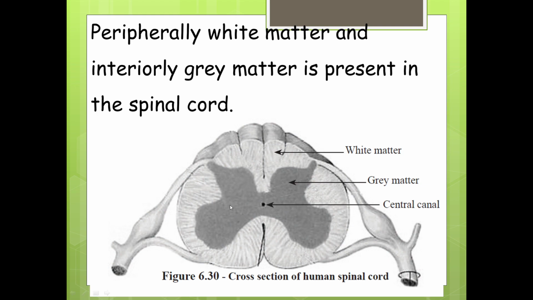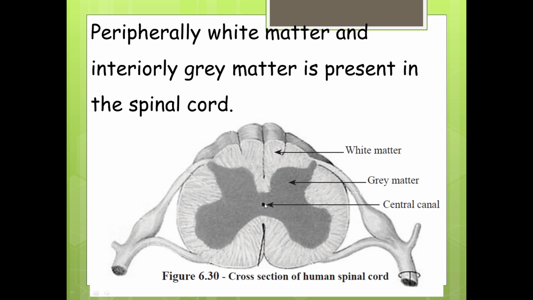Gray matter inside, the inner part, and white matter outside. White matter is composed of axons of the neurons, gray matter is composed of cell bodies. At the center of the spinal cord, there's a small canal. We call it the central canal.